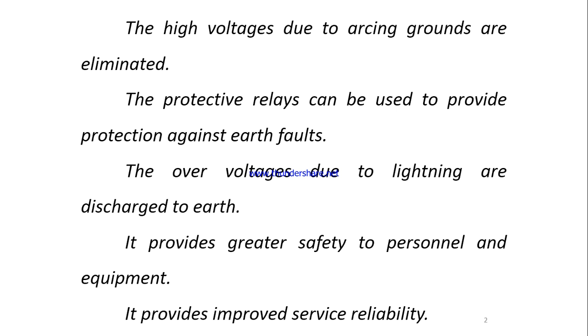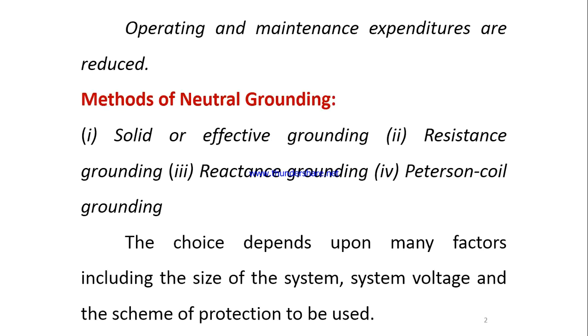Protective relays can be used to provide protection against earth faults and over voltages due to lightning discharge to the earth. This provides greater safety for personnel as well as the equipment, and provides service reliability. The operating and maintenance expenditures may also be highly reduced.